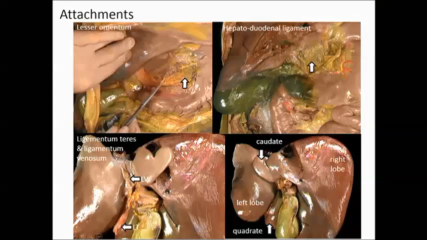So there are some little ligaments, some landmarks for you there. We talked about the ligamentum teres coming in, which is, of course, the umbilical vein. And then we've got the ligamentum venosum, which is a remnant of the ductus venosus, which was shunting past the liver in the fetus, at least partially.